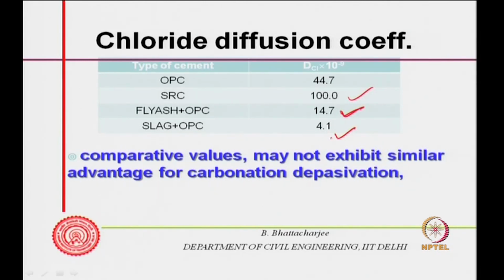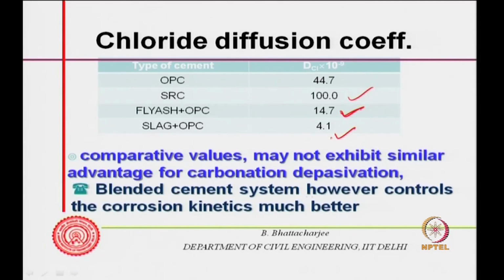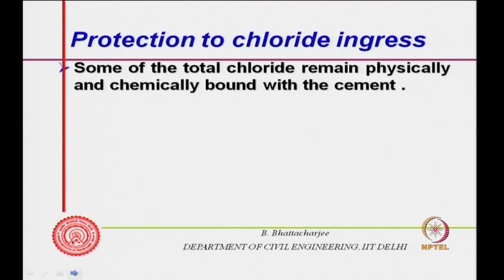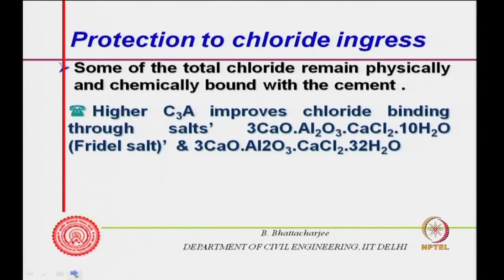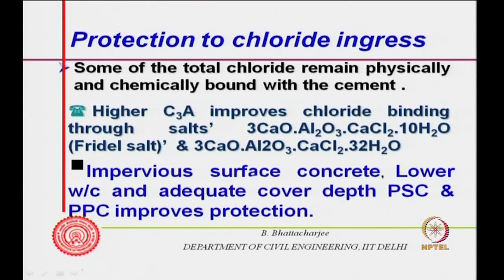So sulphate resisting cement is no good for chloride situations. Blended cements, however, control the corrosion kinetics much better, that is well understood. But with respect to carbonation, of course, we have already said that this may not be very good. I think we will close down here and start from protection.